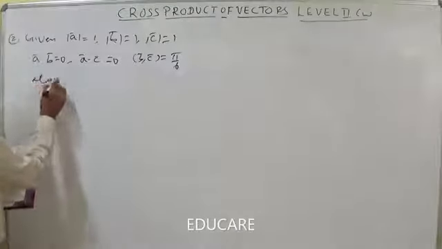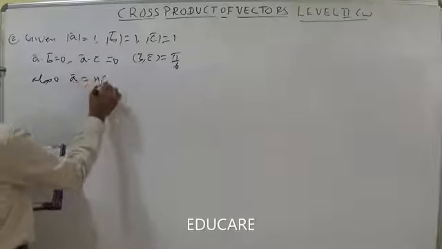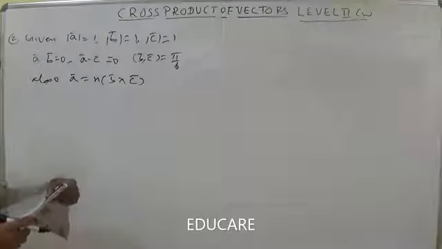Also given is that A bar is equal to n into B cross C. So what is the value of n?